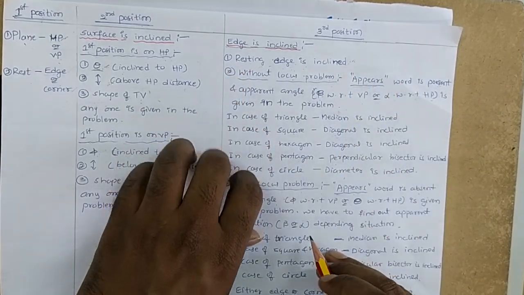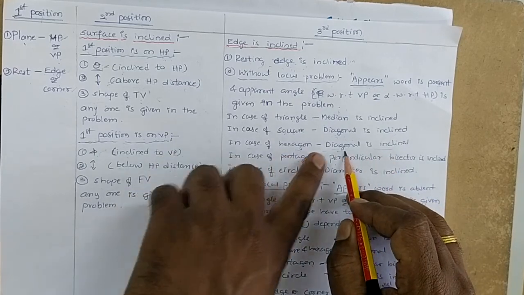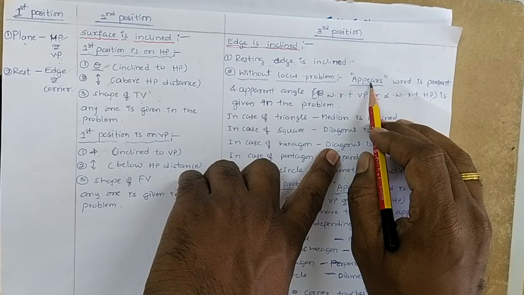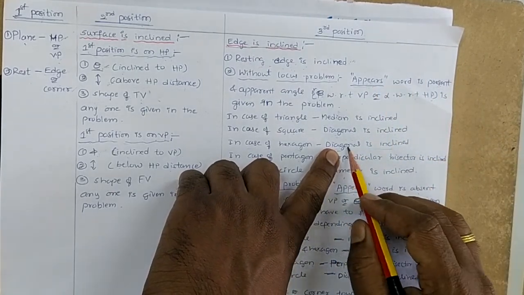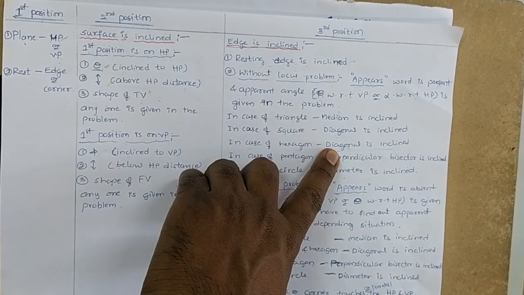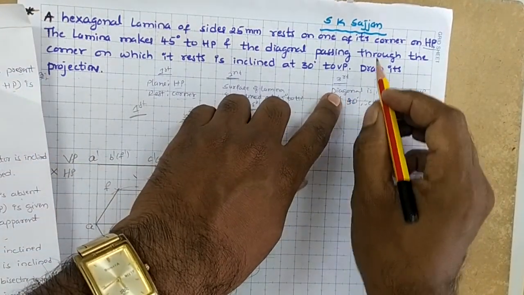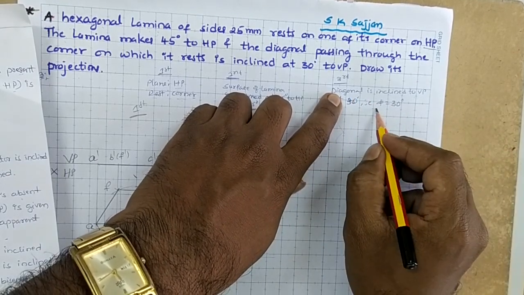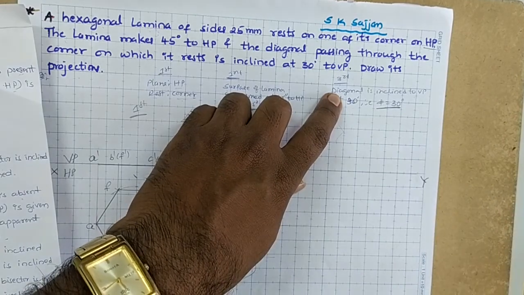Next, if it is hexagonal and the diagonal is inclined: if the word apparent appears in the problem, an apparent angle is given; if there is no word apparent along with the diagonal, a true angle is given. Diagonal with apparent means apparent angle, diagonal without apparent means true angle, that is phi is given. Then you have to find the beta value.